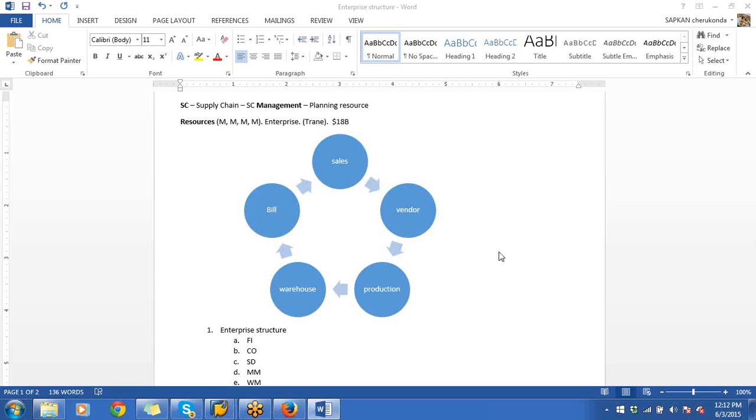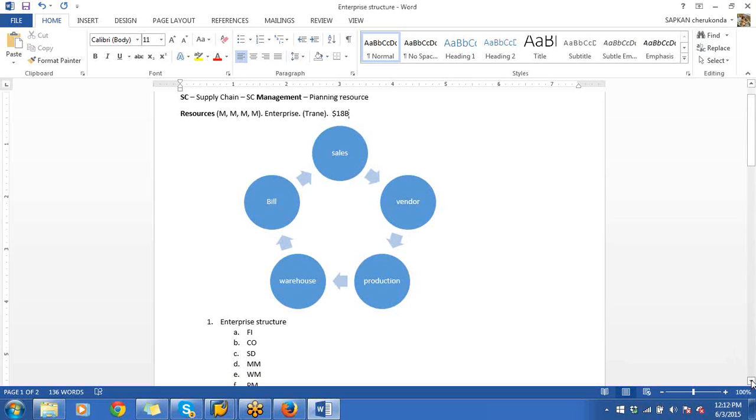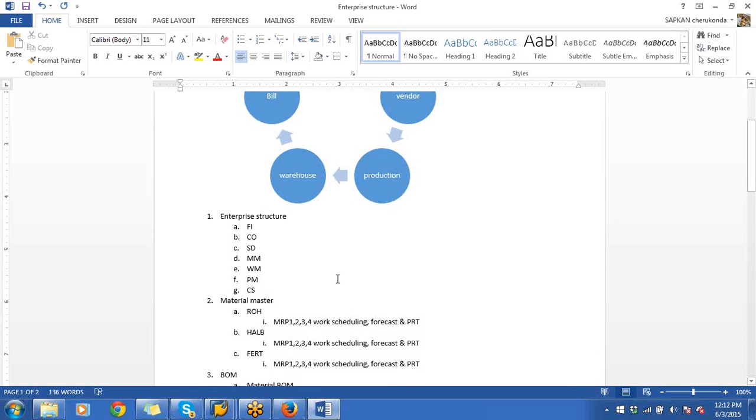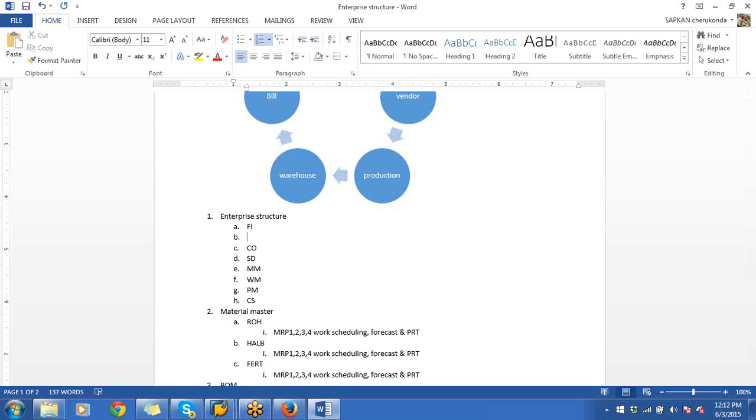Let's move on. Now we want to know what is enterprise in SAP. I know you know very well. So let's start with one of these departments. Finance, company code. That's the highest entity.